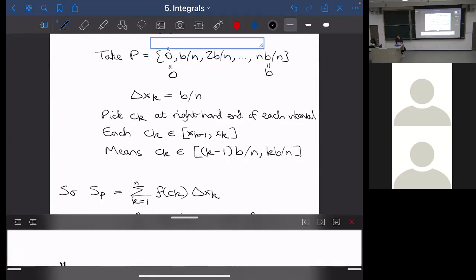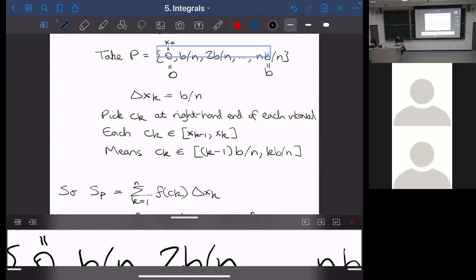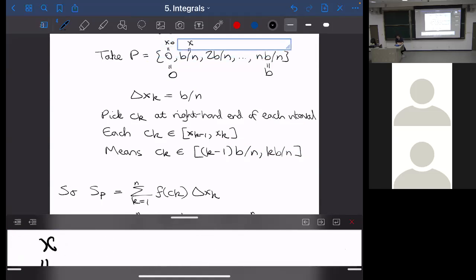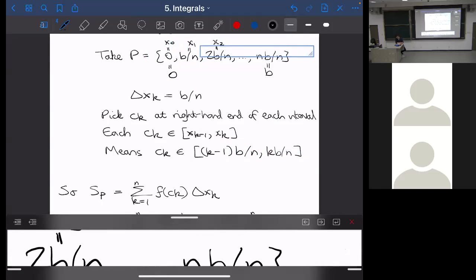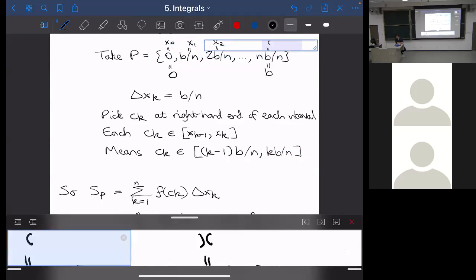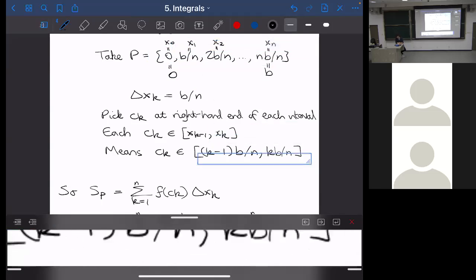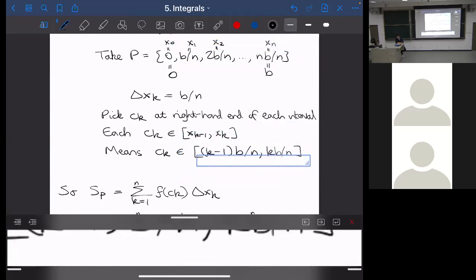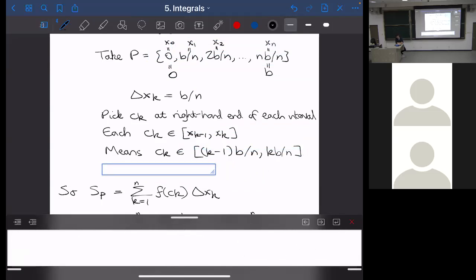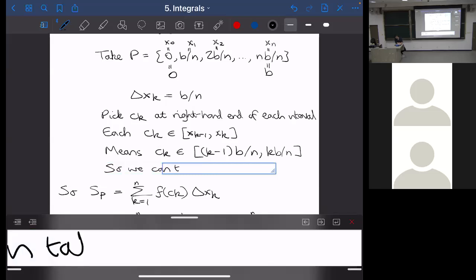So these are x0, x1, x2, up to xn. And so using those definitions, c_k is in this interval. So we can take c_k as kb over n.